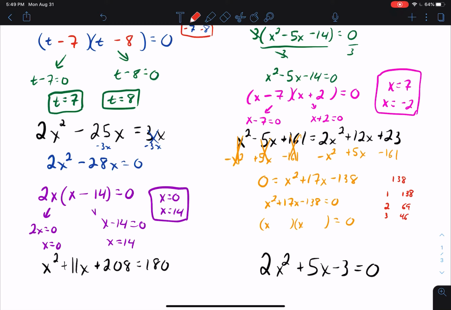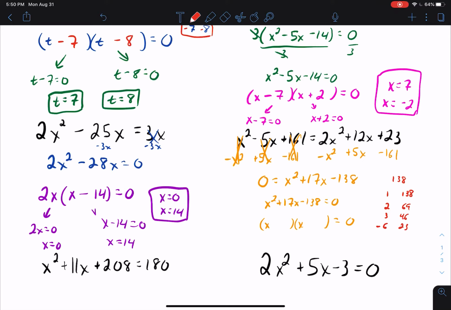4 doesn't go evenly. 5 doesn't go evenly. What about 6? 6 and 23. Well, 6 plus 23 is 29. But remember, these need to multiply to give me negative 138, which means that one of my numbers is going to have to be negative. What about negative 6 plus 23?